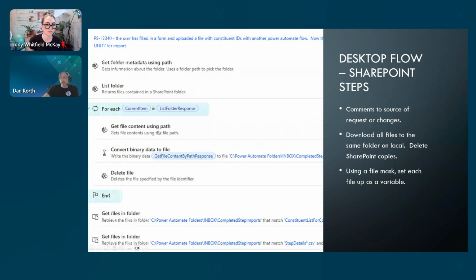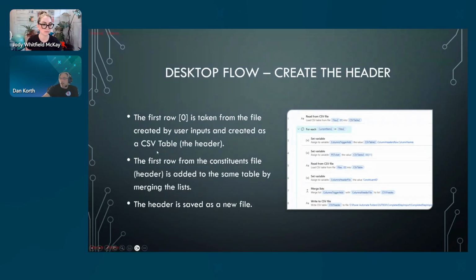First section here is just going out to the SharePoint, downloading the folders, and saving them to the local files. It's actually downloading both, and you can see here where it's downloading them as separate CSVs. It downloads that using a file mask so that it is also able to put that into variables that it will then use to create the file headers and the data rows themselves.